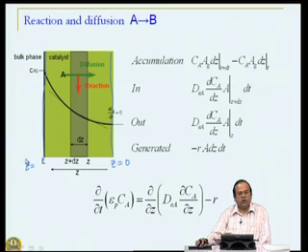Z is my axial coordinate. So, I look at what is happening between location Z and Z plus dz, during this small cross section. So, we will set up a mass balance on this cross section.